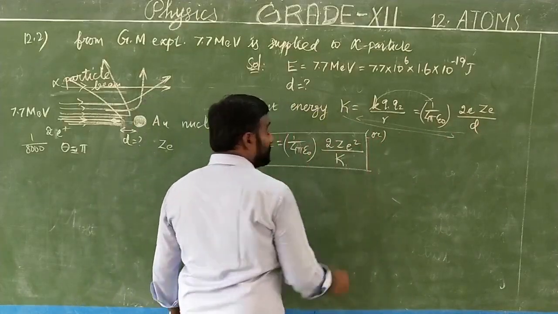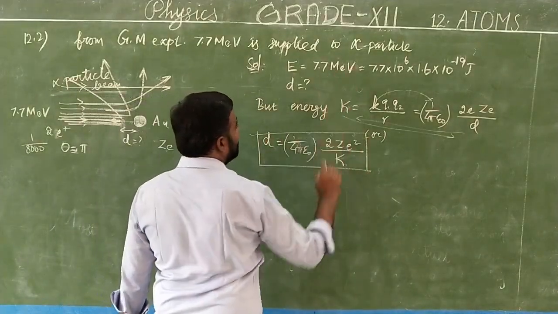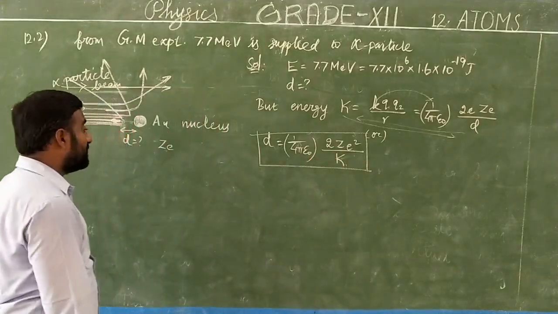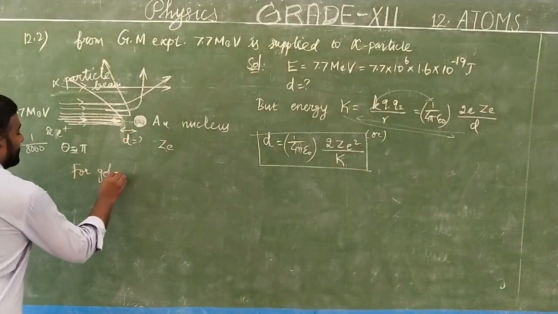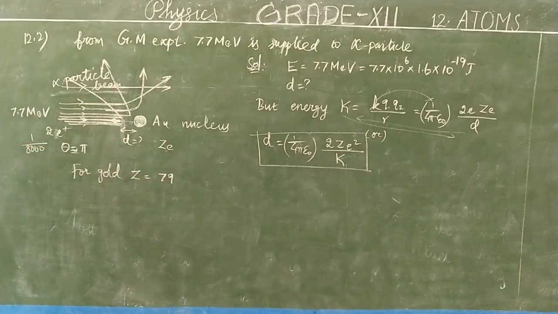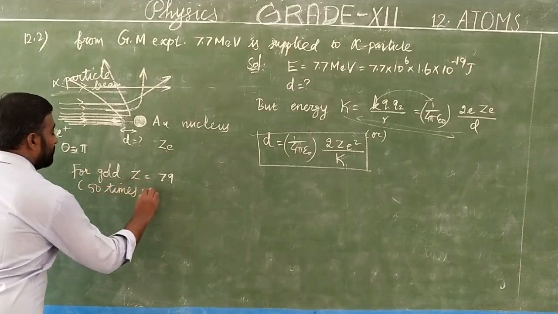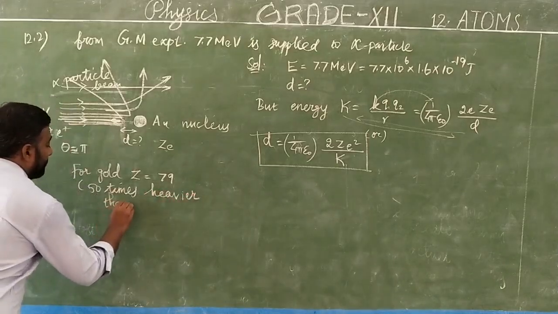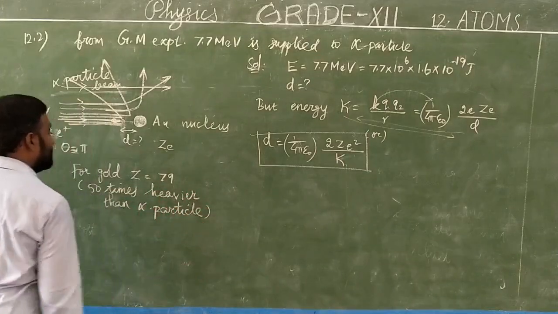Now we are going to substitute all the values. Already we know the energy value. And what is the atomic number of gold? For gold, Z is equal to 79. Gold is about 50 times heavier than alpha particles.